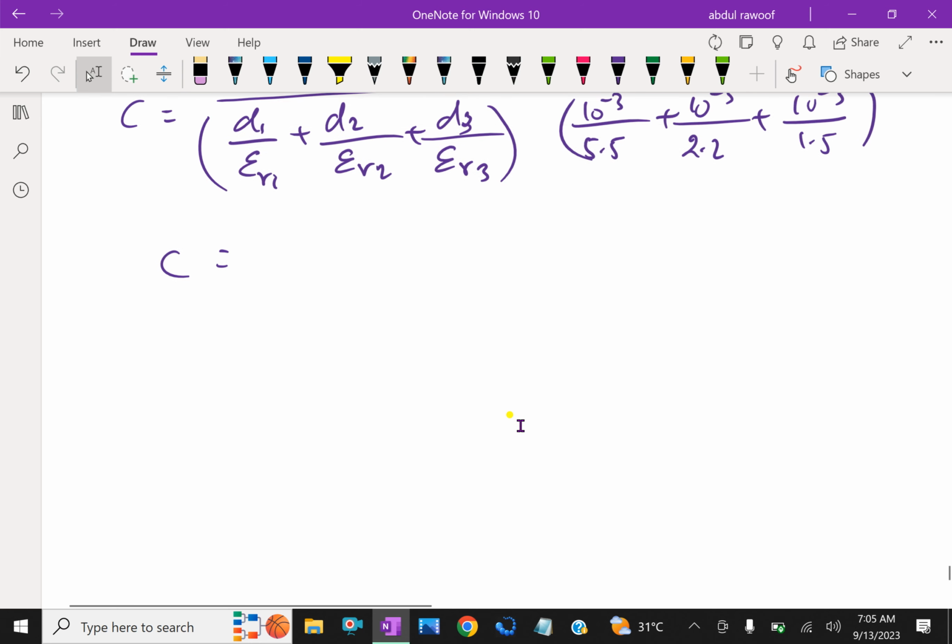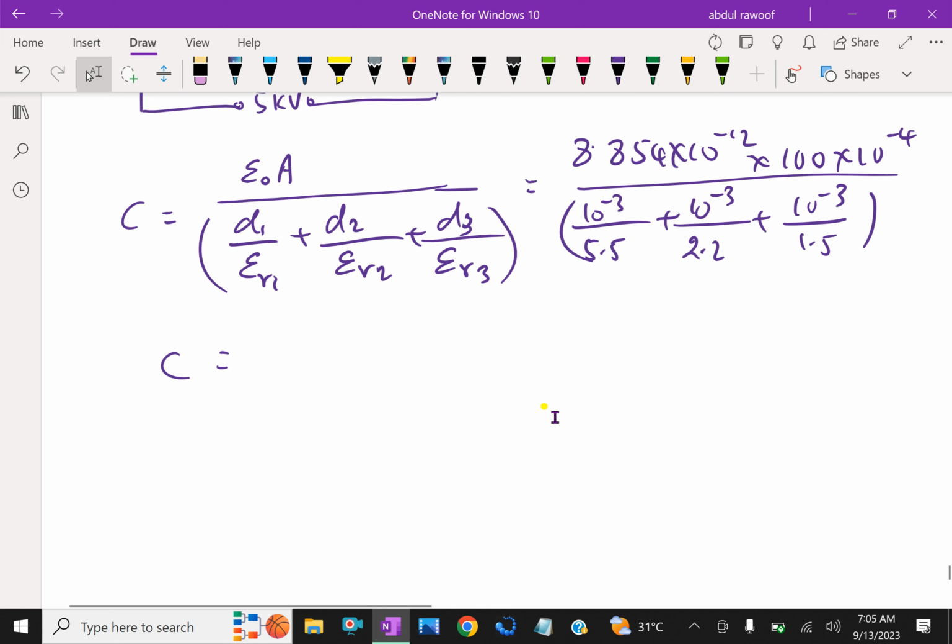C equals 8.854 into 100 into 10 power minus 4, that is 10 power minus 14 in total, because 100 is 10 power 2, times 10 power minus 4 is 10 power minus 2, times 10 power minus 12, totally 10 power minus 14, over 10 power minus 3 into 1 over 5.5, 1 over 2.2, 1 over 1.5 together, which is 0.30.